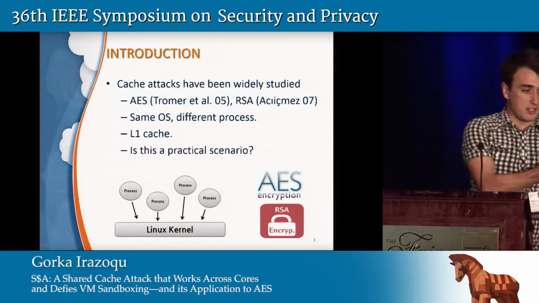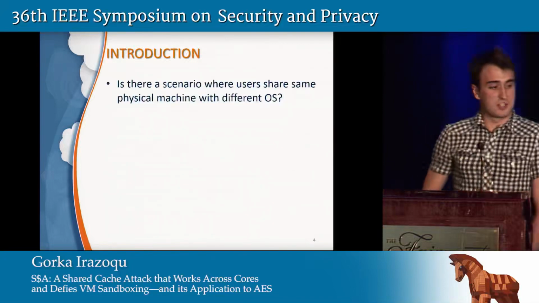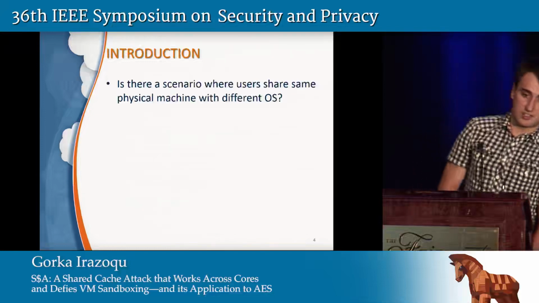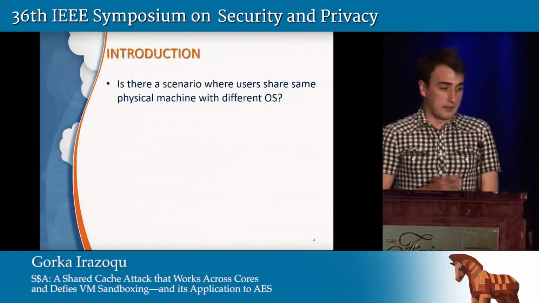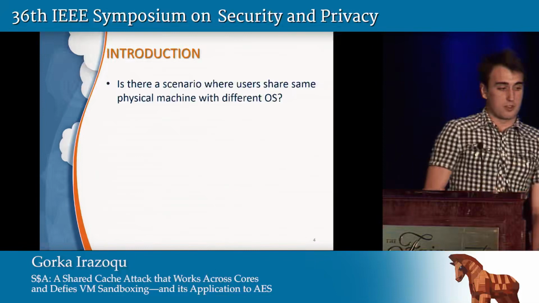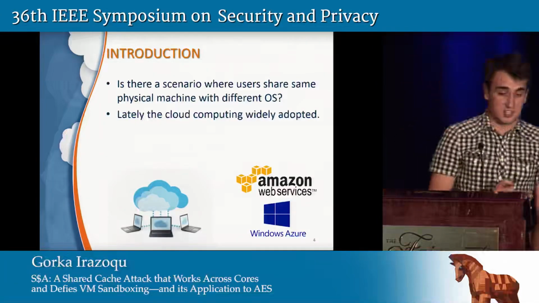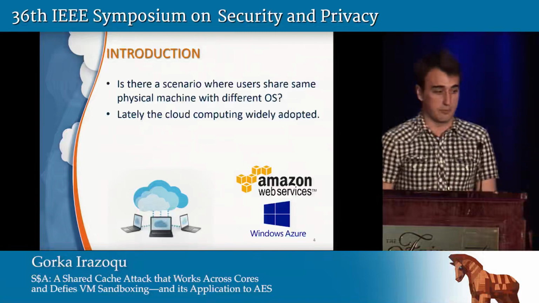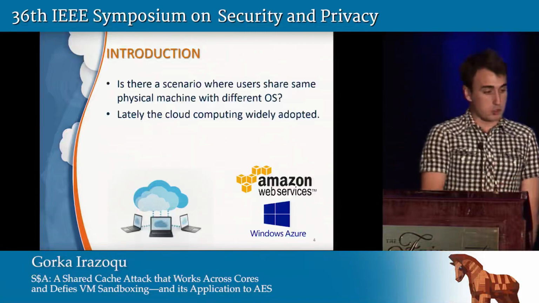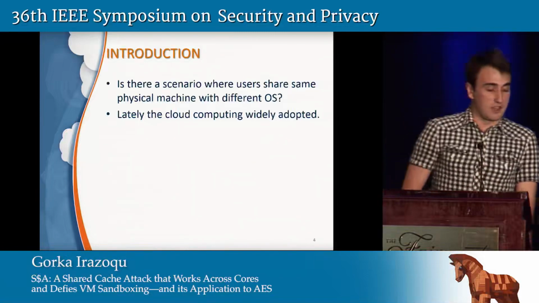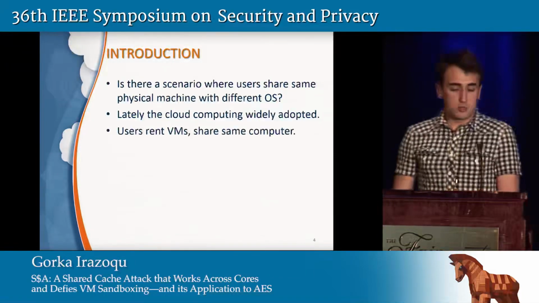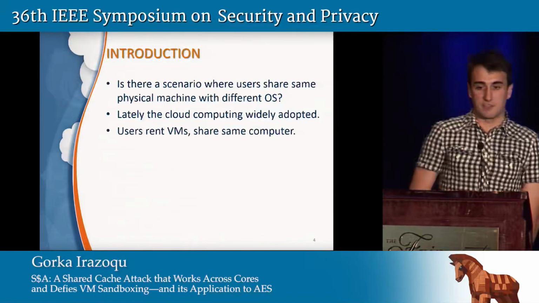So the question is if there is a practical scenario where cache side channel attacks can be applied. And thanks to the wide adoption of cloud computing systems, we can see that cache side channel attacks found the perfect scenario where they can be applied. Why? Because in the cloud, two different users share the same physical hardware.